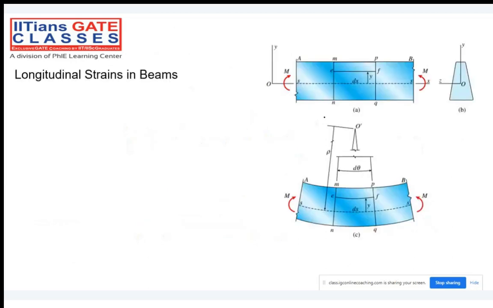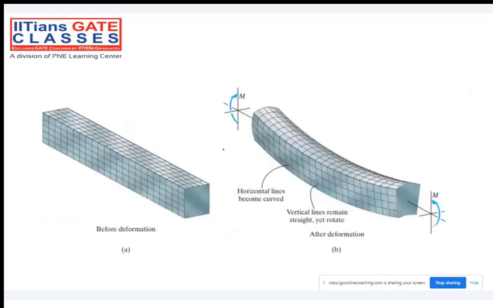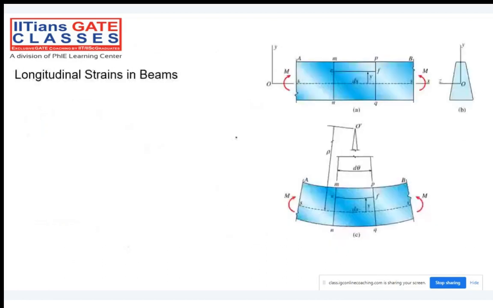So, my dear friend, we have to discuss the longitudinal strain. Note down this particular topic: longitudinal strain in beams. You can make this figure.